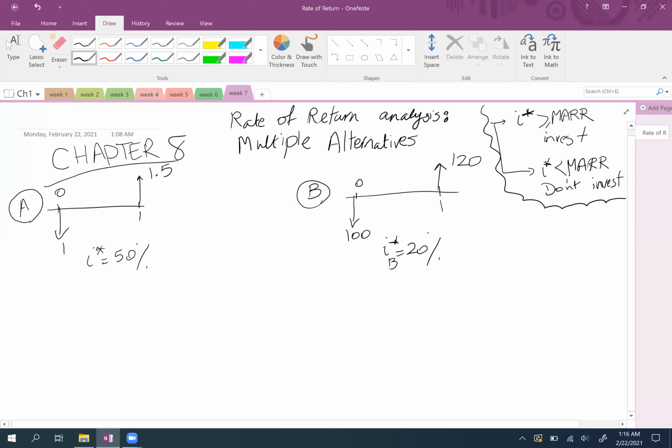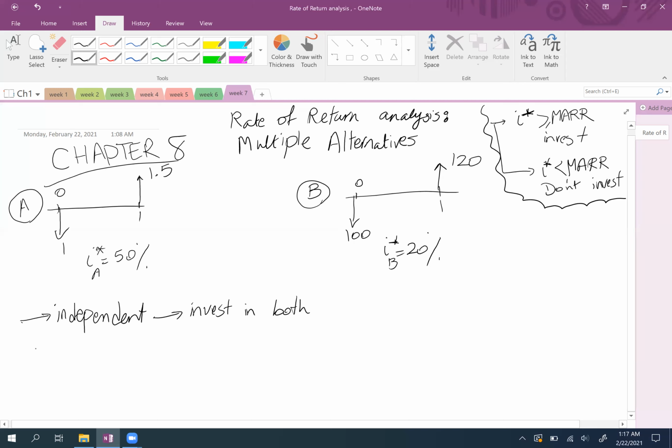Let's put the index of A and B. If the projects are independent, following what we have in chapters 1 and 2, then what can we do? We said if the rate of return is greater than MARR, because alternatives are compared against do nothing, we can select both. You can invest in both alternatives.